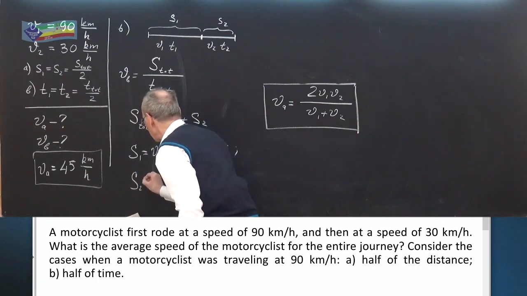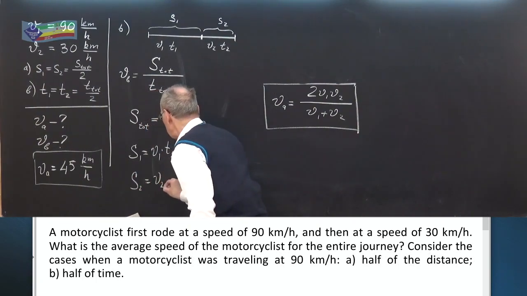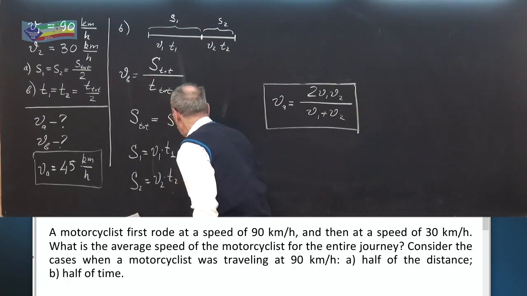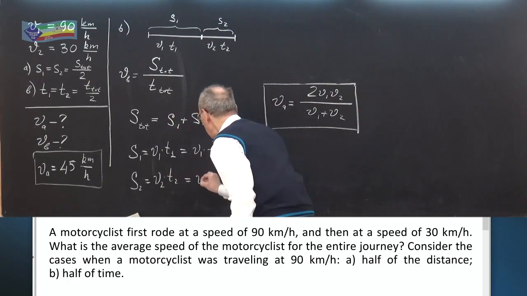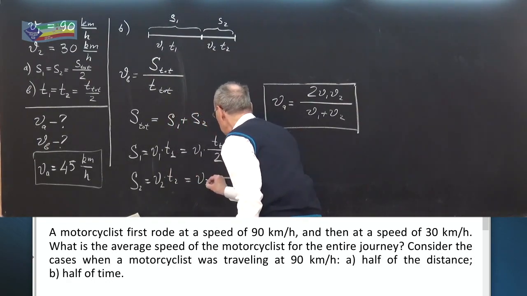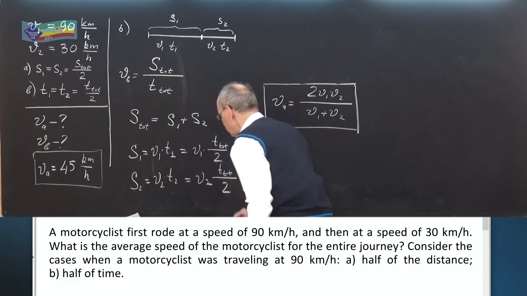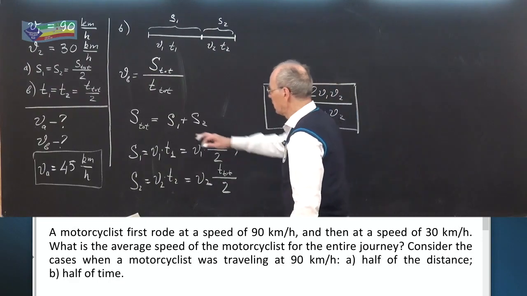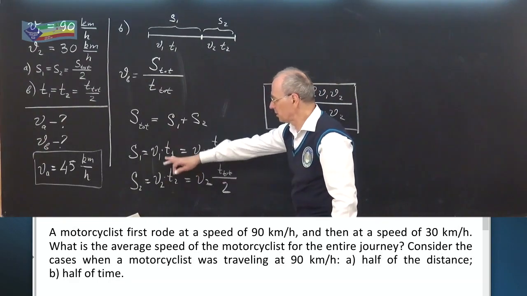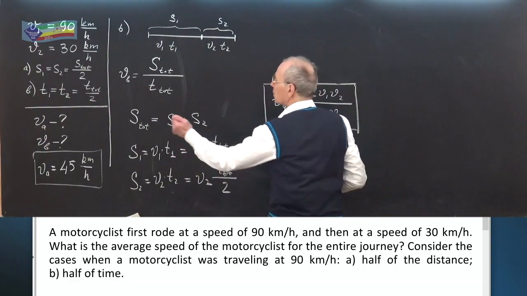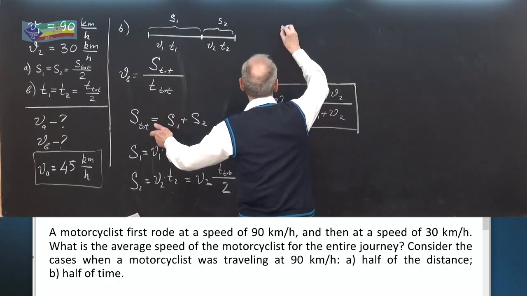S2 equals V2 times T2 equals V2 times T total over 2. And now we can add these two distances to obtain S total.